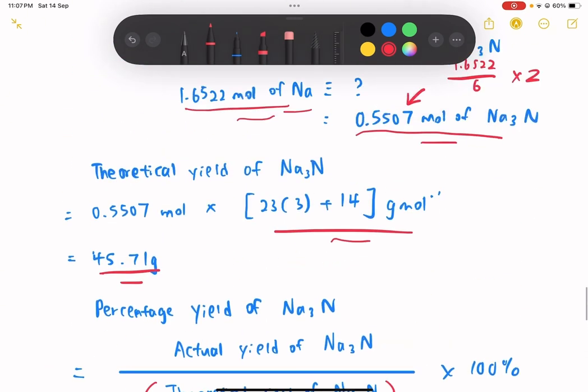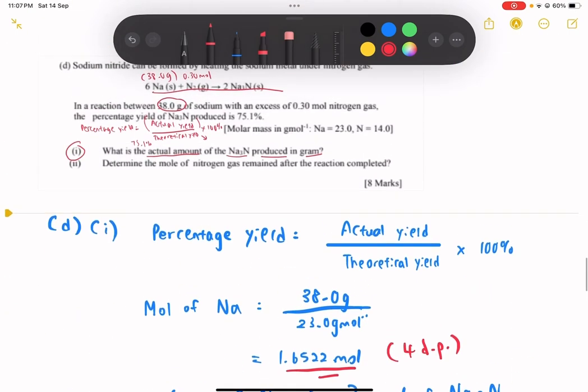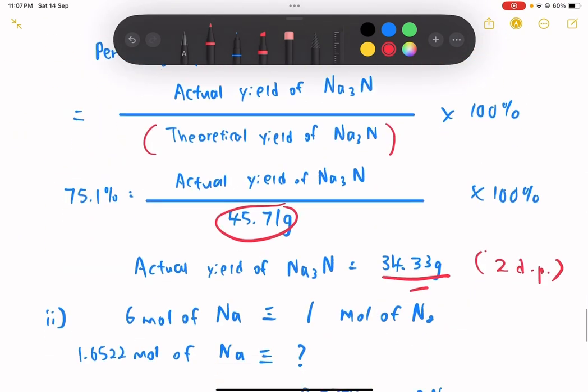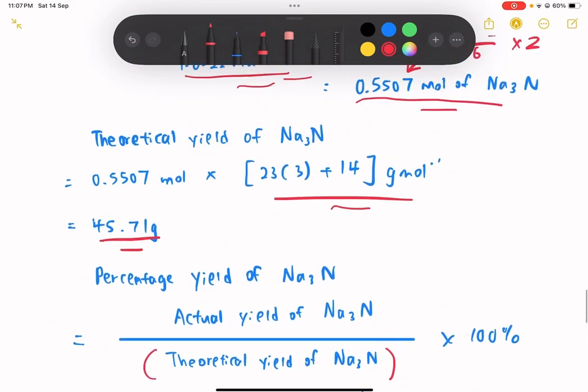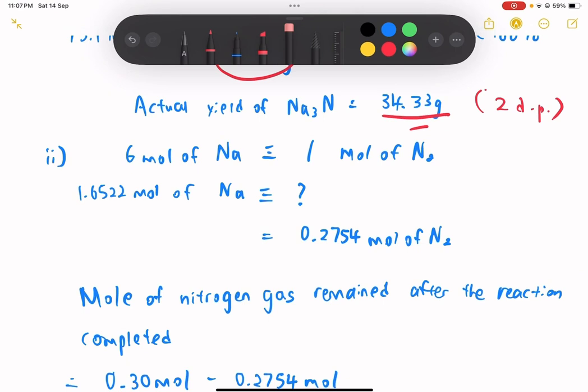Okay, so lastly, we have to determine the mole of nitrogen gas remaining after the reaction completed. So here, nitrogen gas. Okay, so from the equation here, we know that 6 mole of Na is equivalent to 1 mole of N2. So 1.6522 mole of Na is equivalent to this one, and this one is gotten from 1.6522 divided by 6 times 1.